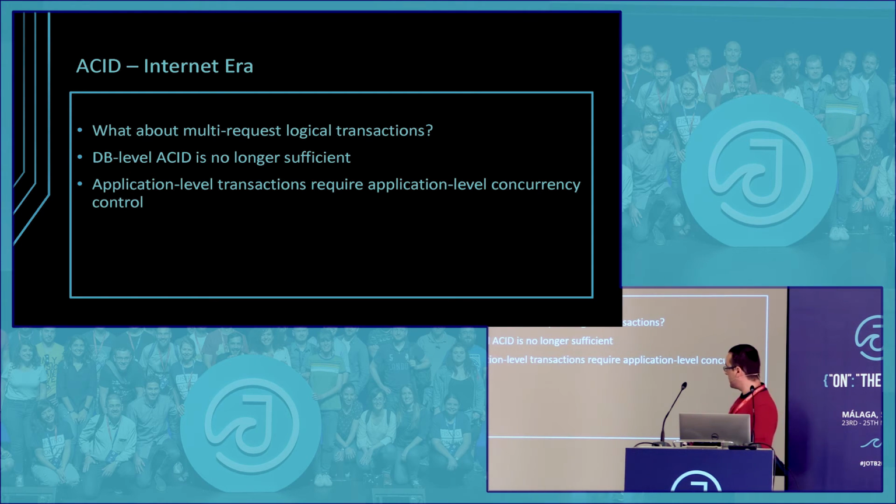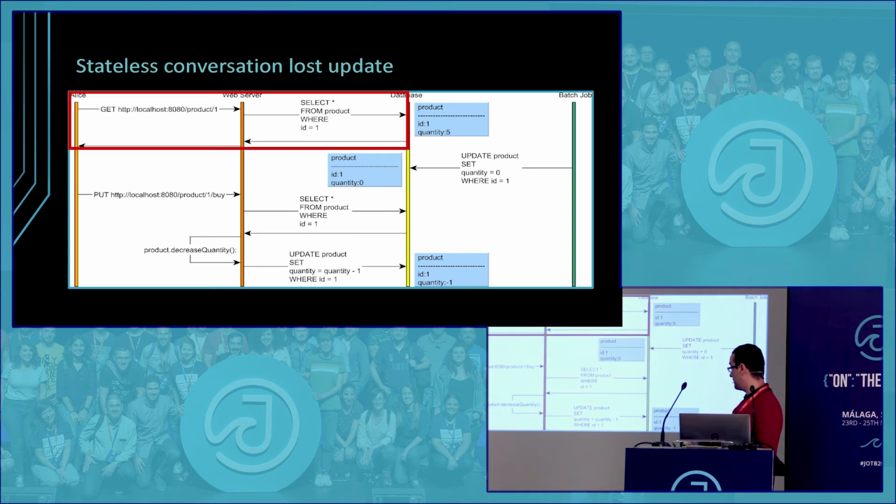So if you think about it, ACID no longer helps you if reads and writes operations are split among different transactions. Because you have an application level transaction that spans over multiple database transactions, you also need some application level concurrency control. Because if you don't have it, something like this will happen.